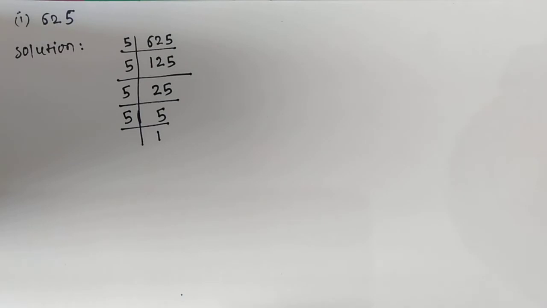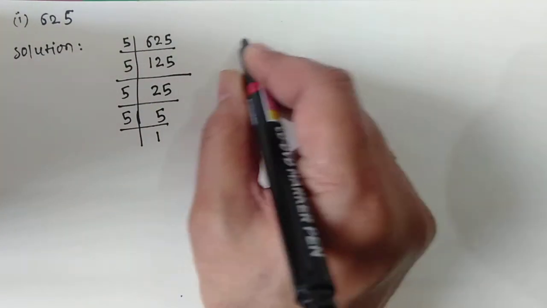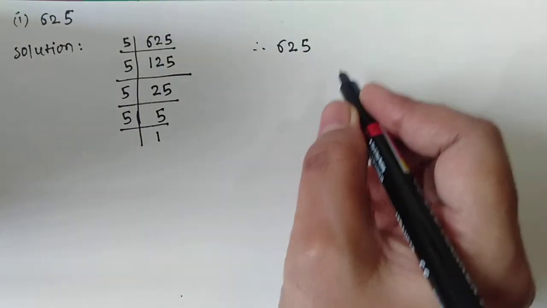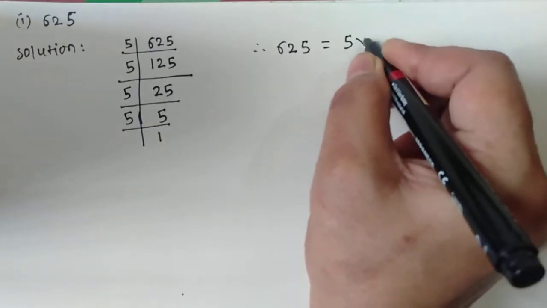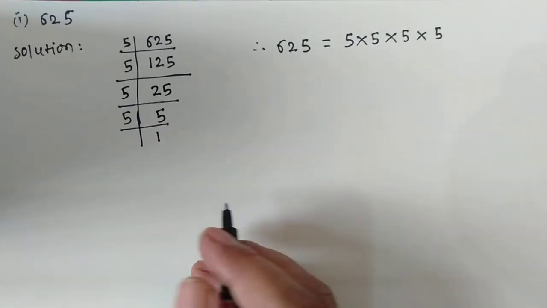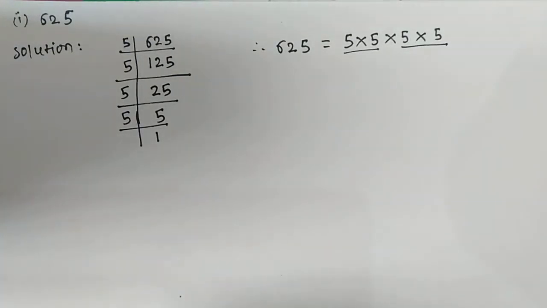So write all these prime factors in the form of a product. Therefore, the factors of 625 are 5 multiplied by 5 multiplied by 5 multiplied by 5. And what is our next step? Make pairs of the same factors.